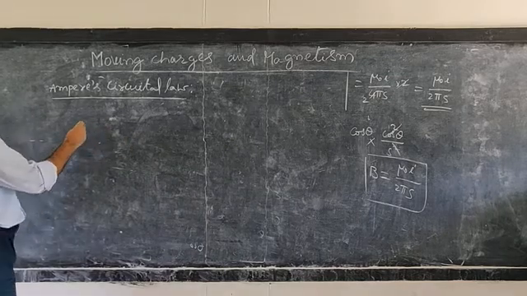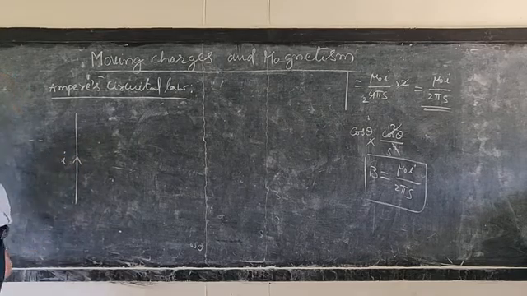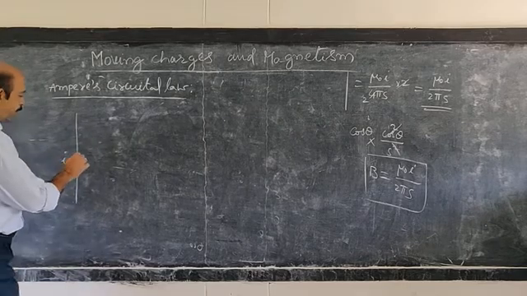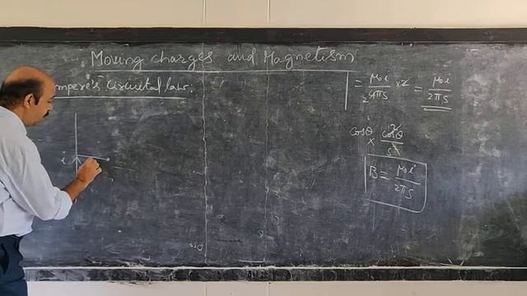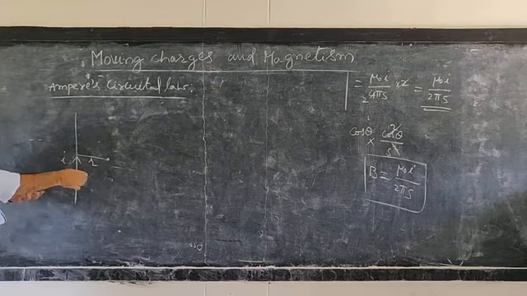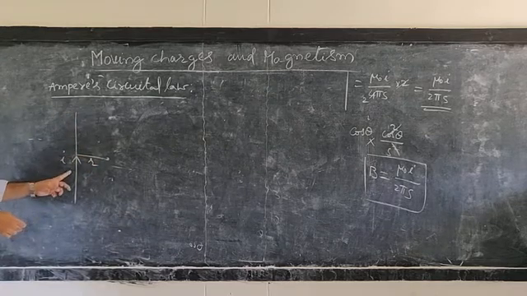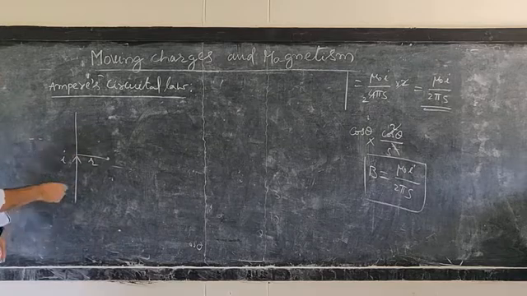So let us consider a straight current carrying conductor carrying a steady current I. Suppose at a distance r from this conductor, if you imagine the magnetic field, it will be perpendicular to both the current direction and the position vector direction.